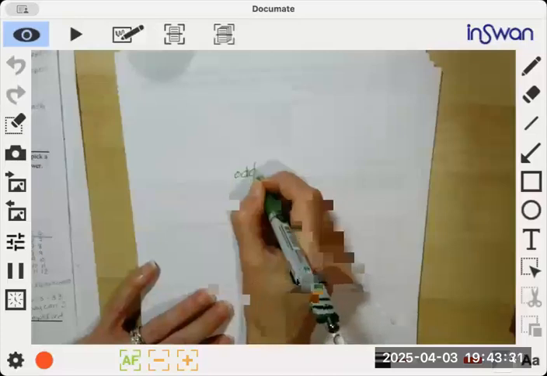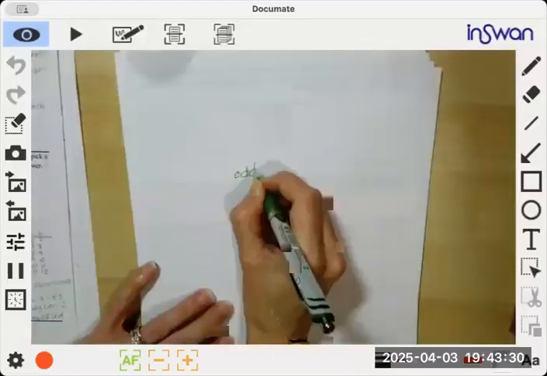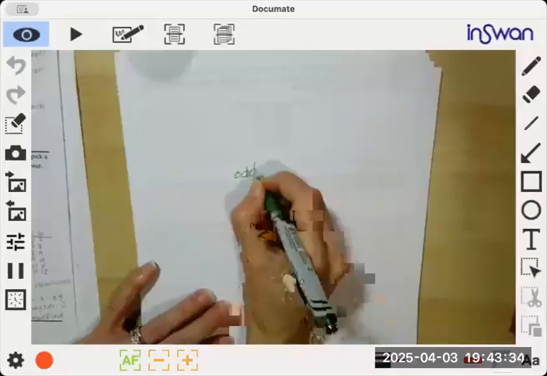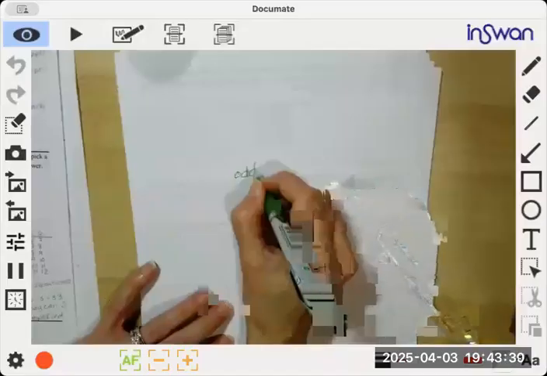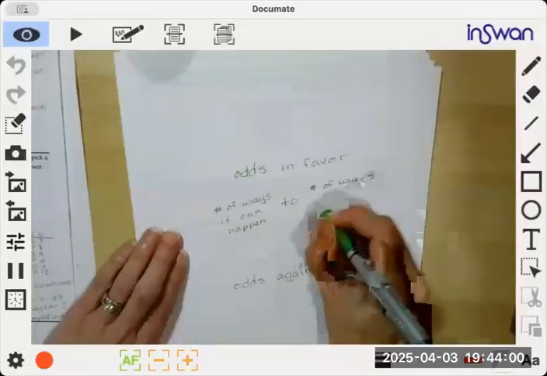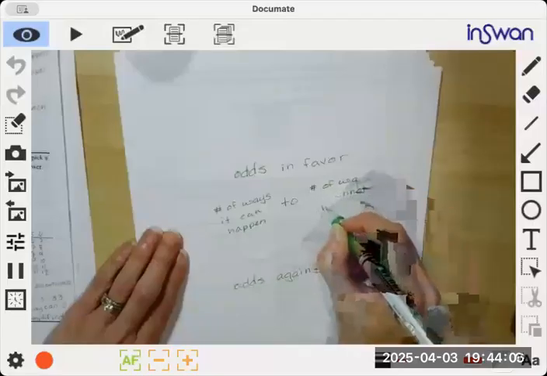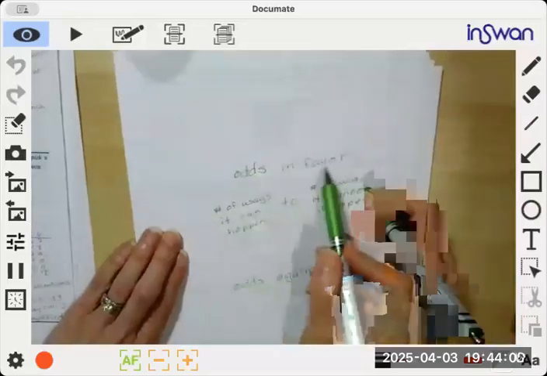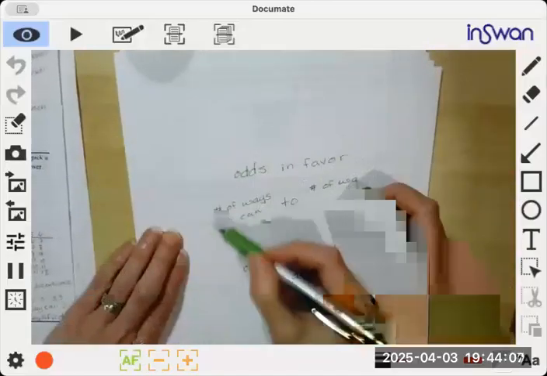Okay, so there's fancy formulas for all these things. Odds in favor is just the number of ways it can happen to the number of ways it cannot happen. And odds against are just that switched.